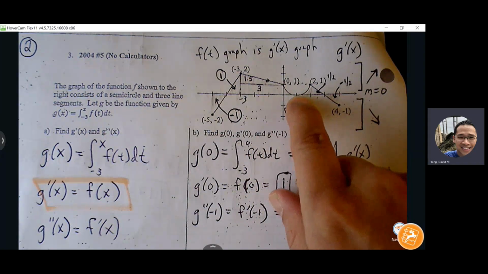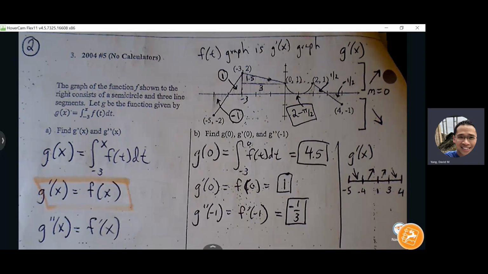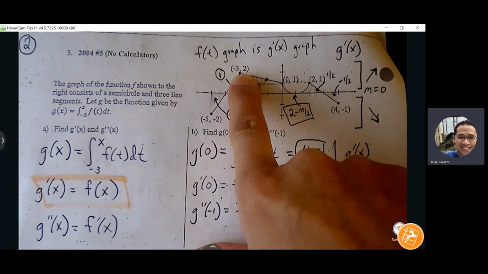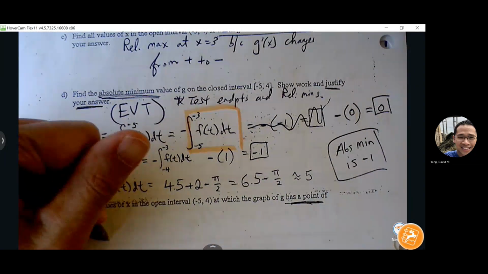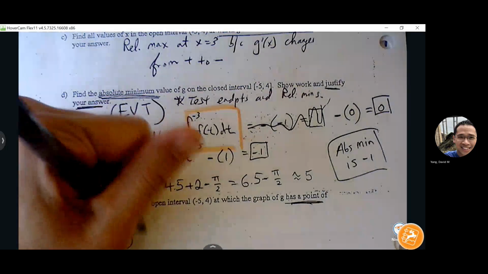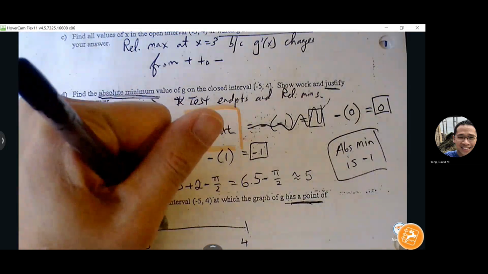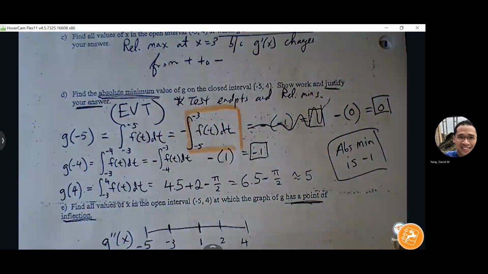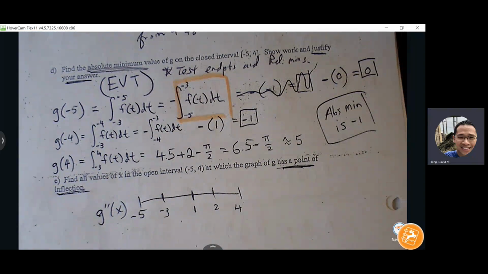Obviously, the peaks and valleys are not where the point of inflection is on the original graph, but that's where it's going to be located on the derivative graph. So -3, 1, and 2. So we know points of inflection are at -3, 1, and 2.